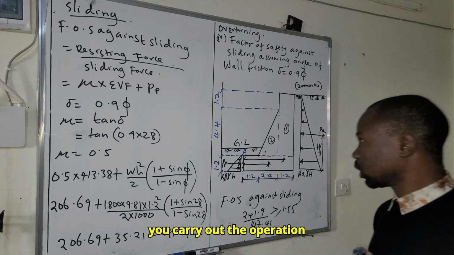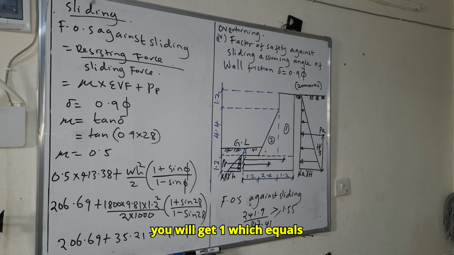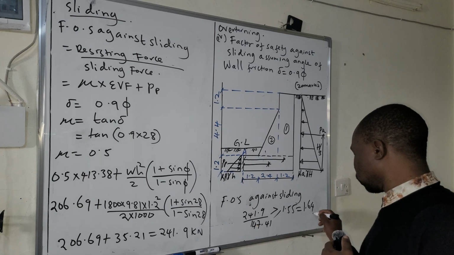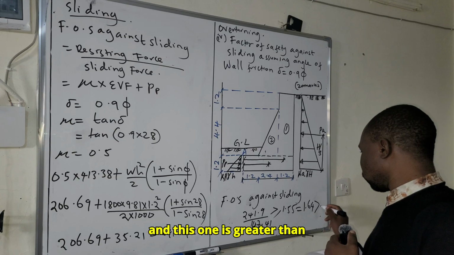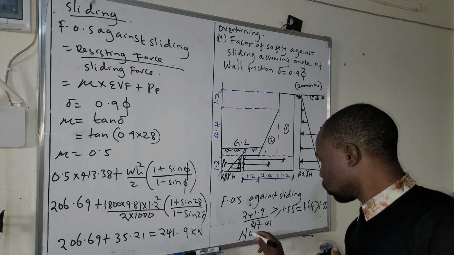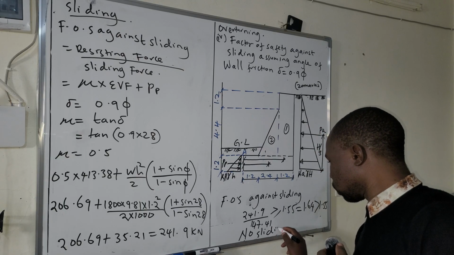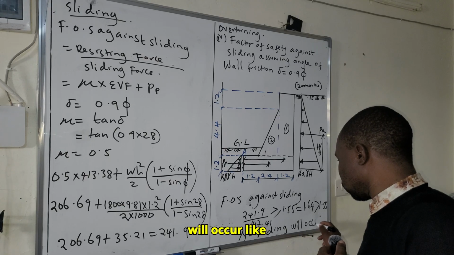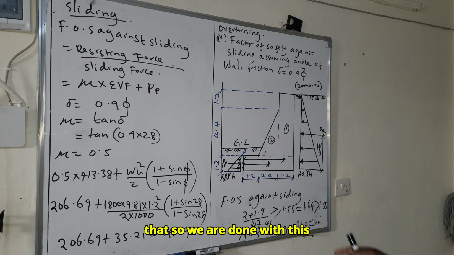So if you carry out the operation, you will get FS equals 1.64, and this one is greater than 1.5. Therefore, no sliding will occur, like that.